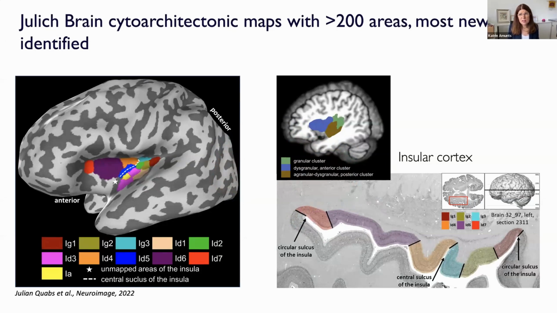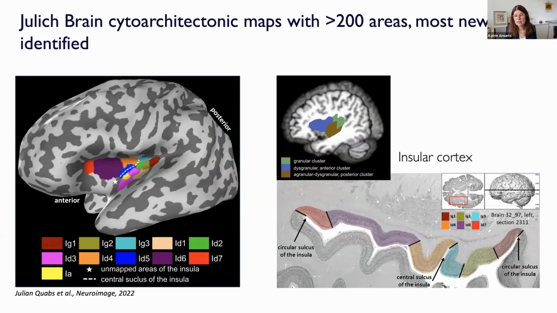And the cytoarchitectonic work that we started more than 25 years ago revealed a very detailed parcellation of brain areas where we did not expect it, honestly. And this is an example of the human insula, where 12 areas are now identified and even more exist.